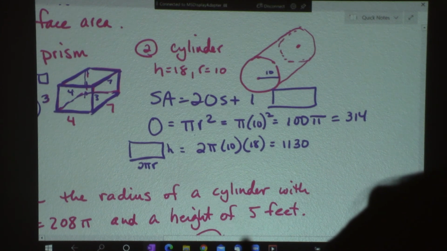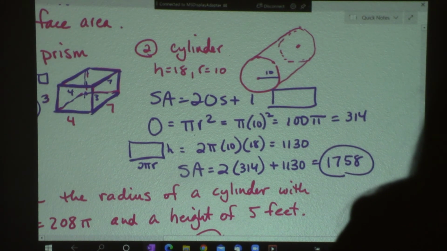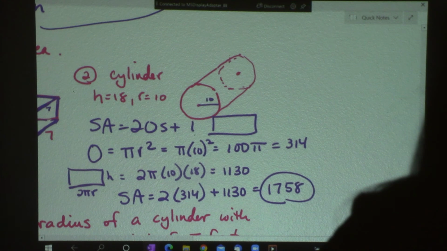So now back up on top, my surface area, I'm going to have 2 circles plus the rectangle in between. And if I add that all together, I get 1758. That's my answer. And this looks a little funky because you think, wow, this is so much bigger than each circle.